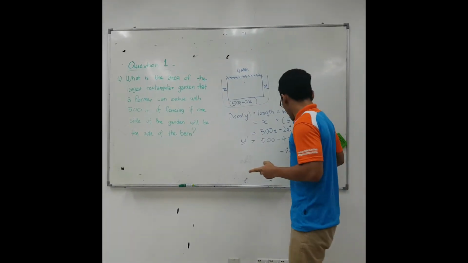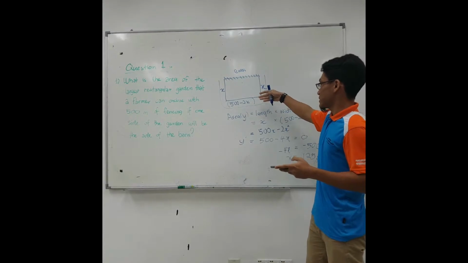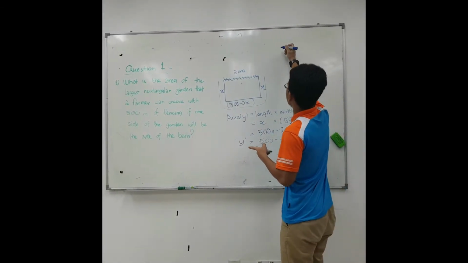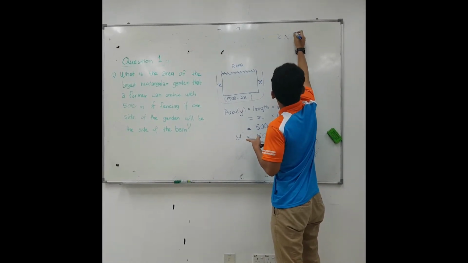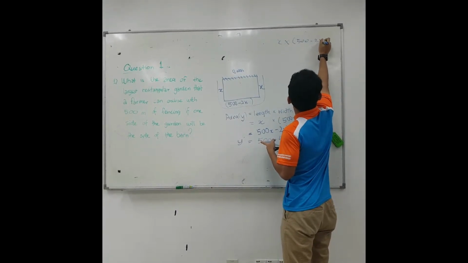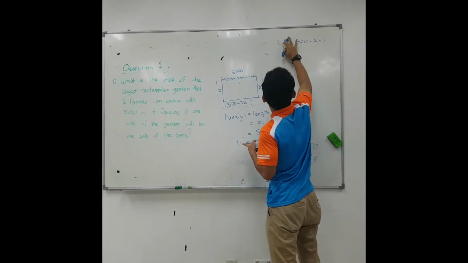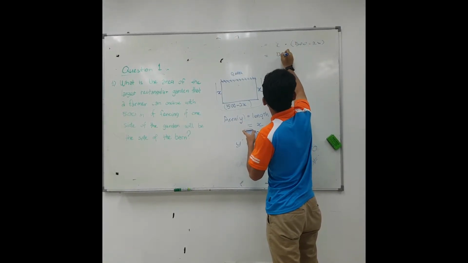Alright, sorry. Okay, when we got the x, we just substitute into the area equation. So we get x times 500 minus 2x. Okay, x. Just substitute it.